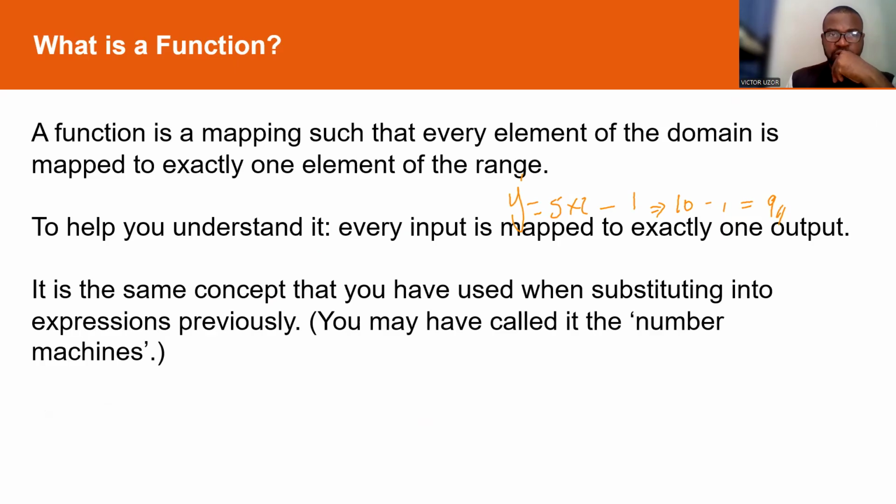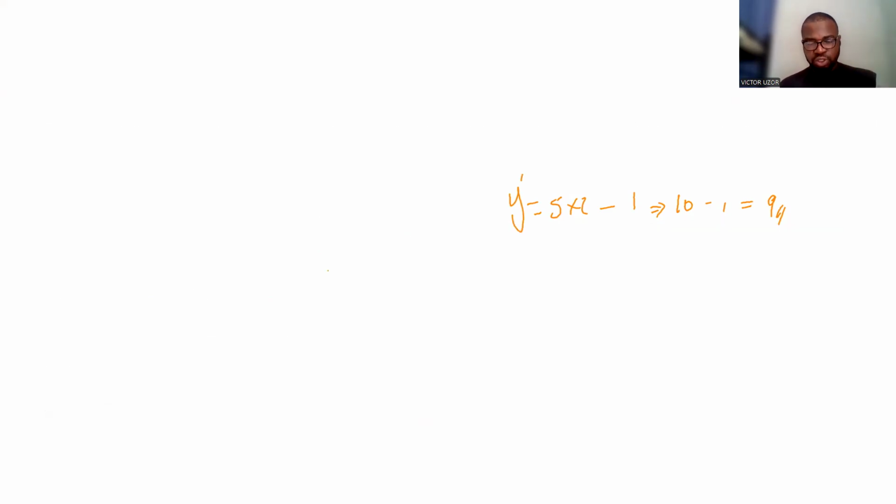So let's move on to what a function is and what a function is not. That way, it will help you to understand this very well. Now, supposing there is an input and output. An equation always is going to have x and y.